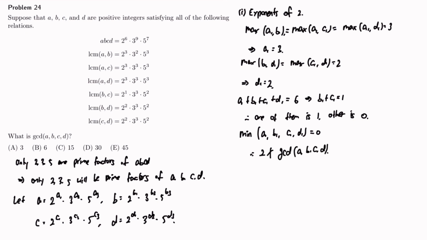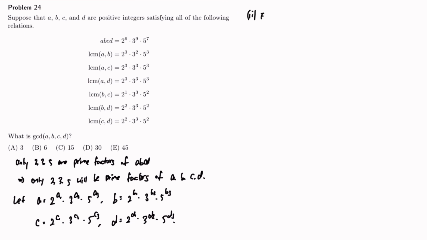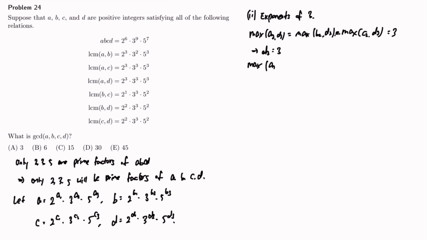The minimum of a1, b1, c1, and d1 is 0, so 2 doesn't divide the greatest common divisor of a, b, c, and d. Next, comparing the exponents of 3, we have that the maximum of a2 and d2, the maximum of b2 and d2, and the maximum of c2 and d2 are all 3. This gives that d2 is 3. Now, since the maximum of a2 and c2, and the maximum of b2 and c2 is 3, c2 is equal to 3.